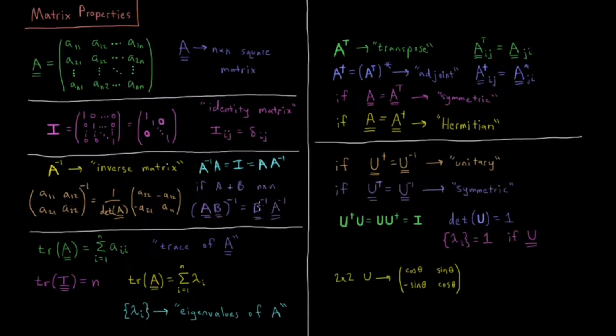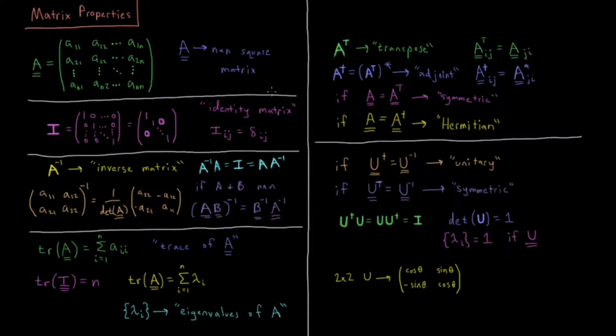If we have B minus 1 times A minus 1 times A times B, the A times A minus 1 cancels, giving us identity. B times B minus 1 cancels, giving us an identity. So it makes sense that A times B to the minus 1 is B minus 1 times A minus 1. This works as well for successive products. For A times B times C, the inverse is C minus 1, B minus 1, A minus 1, and so on beyond that.